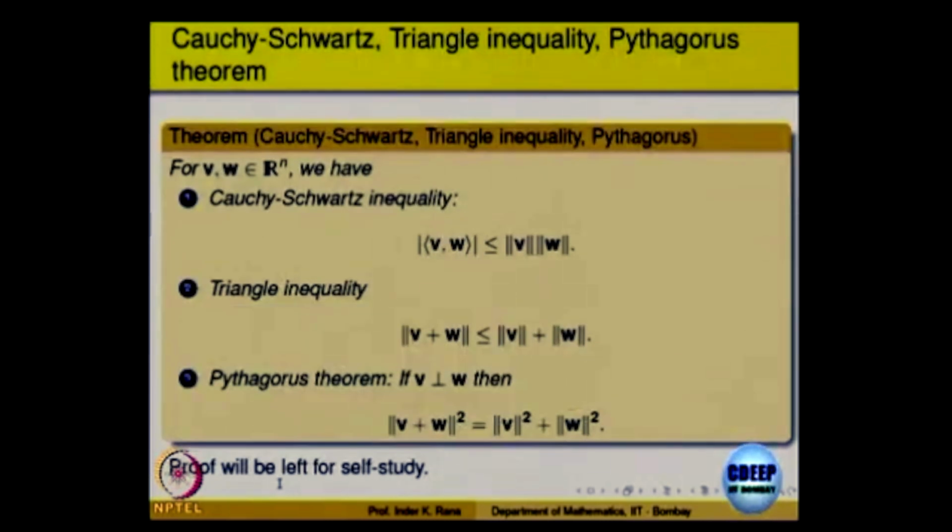Here are some things which I will not prove, we will just assume. This is what is called the Cauchy-Schwarz inequality. You must have proved it in R2 and R3, and the same proof actually continues.